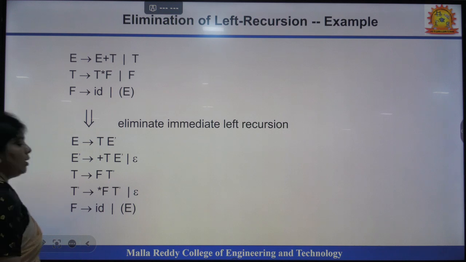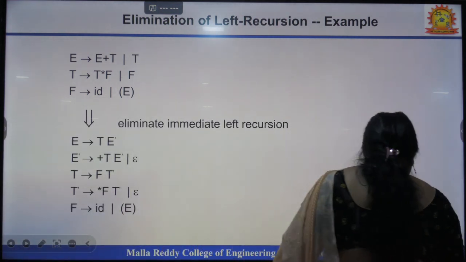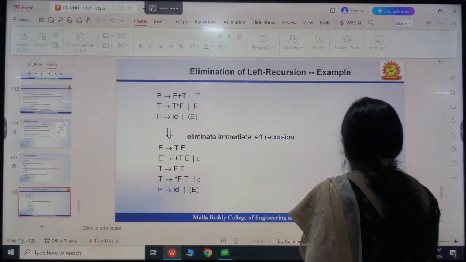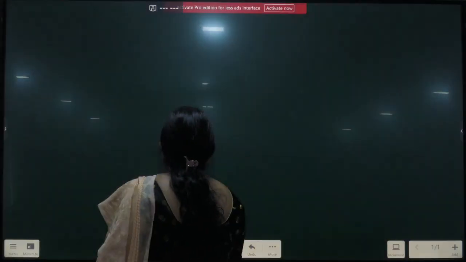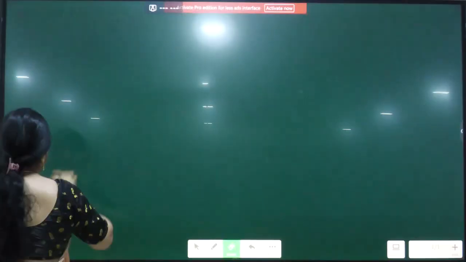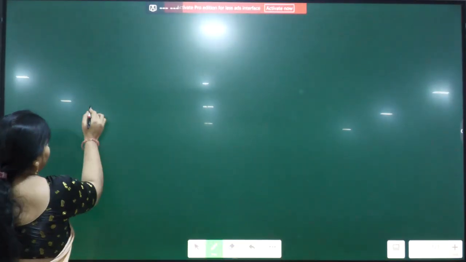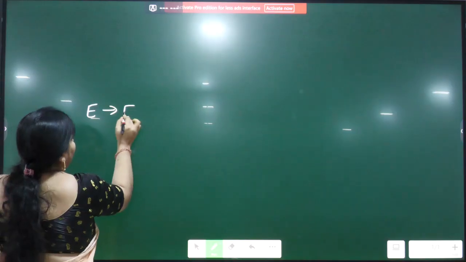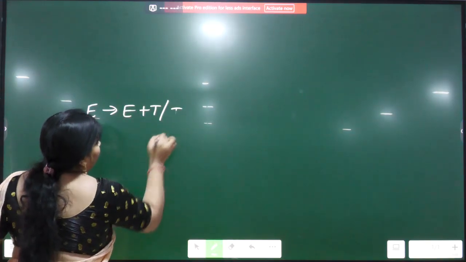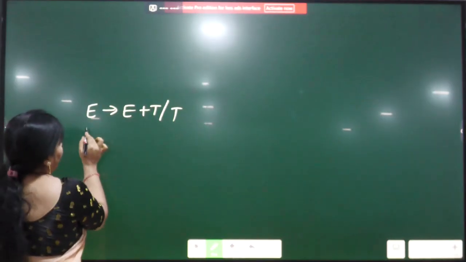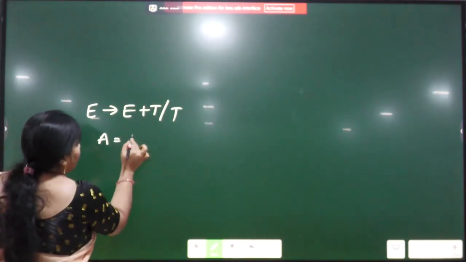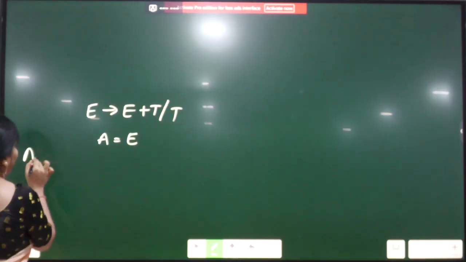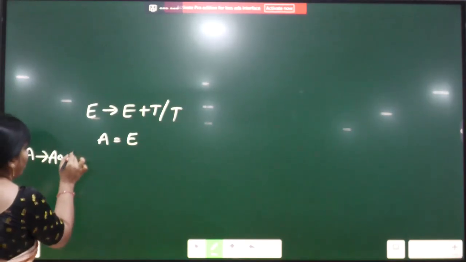So we'll consider the same example. E tends to E plus T or T. Here I will consider A equal to E. The production should be in the form A tends to A alpha or beta.